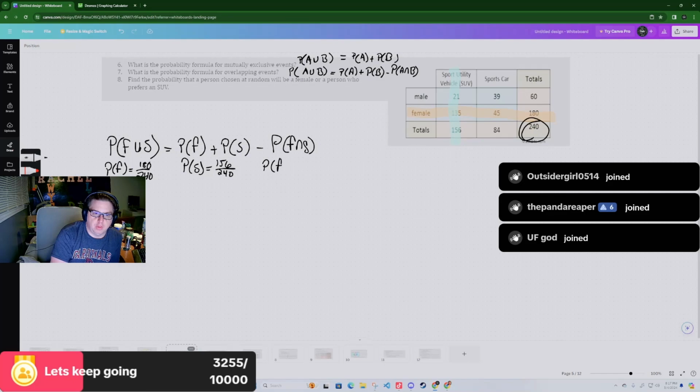And then the probability of a female and an SUV is 135 out of 240. So now when we set it up, we want the probability of a female or an SUV. We're going to do 180 over 240 plus 156. It's a terrible 6.